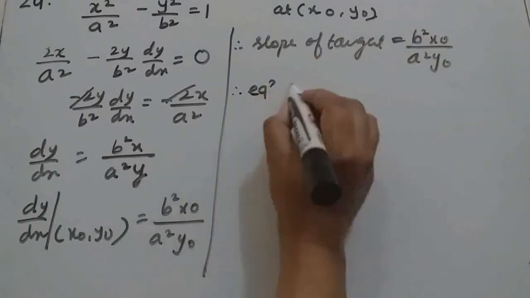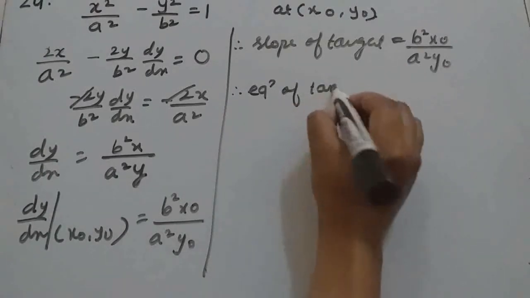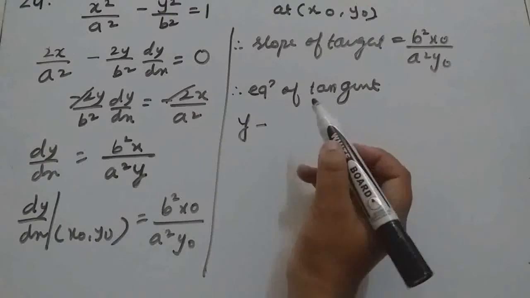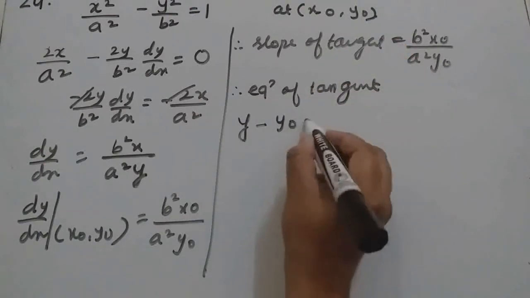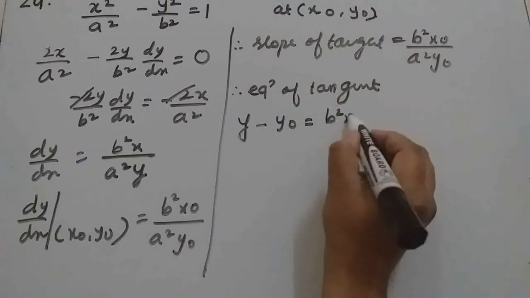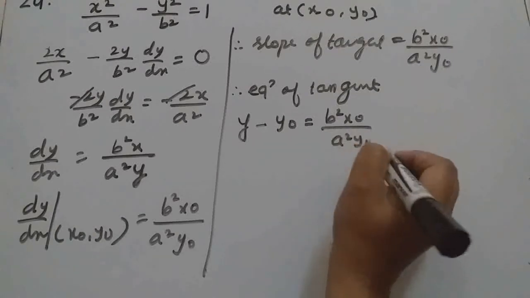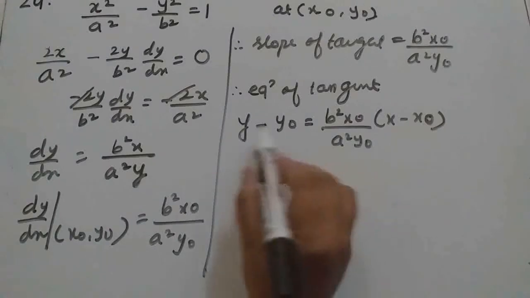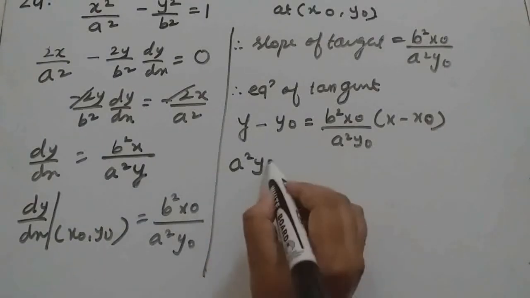Therefore the equation of tangent is y minus y1, that is y0, equals slope into x minus x0. This will go this side.